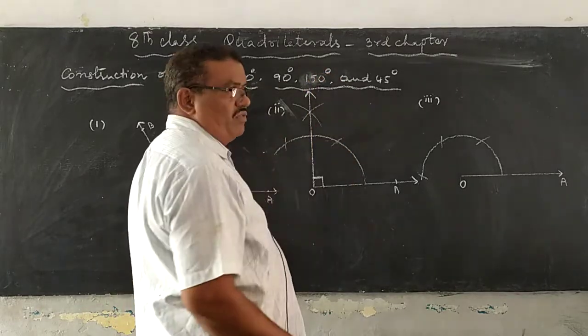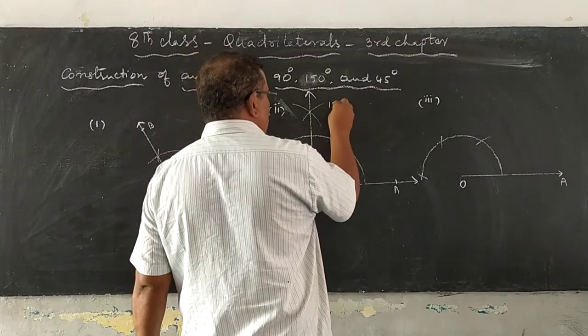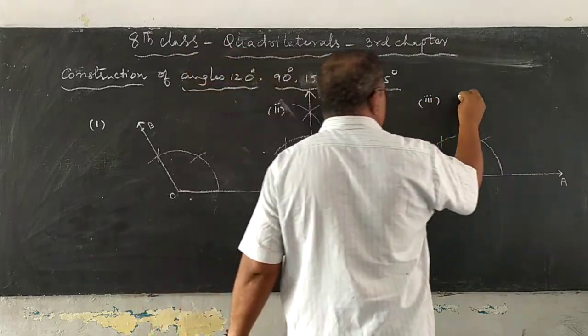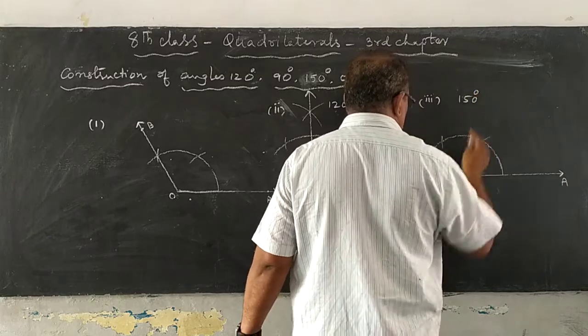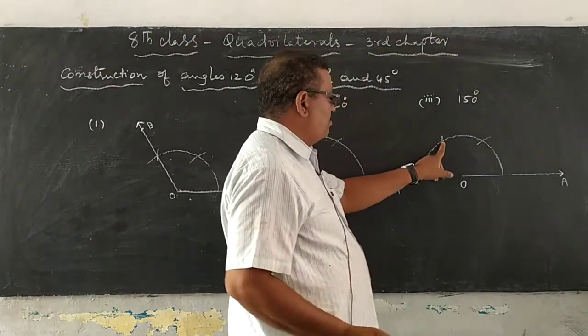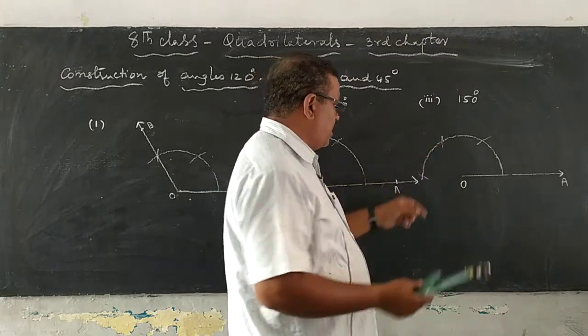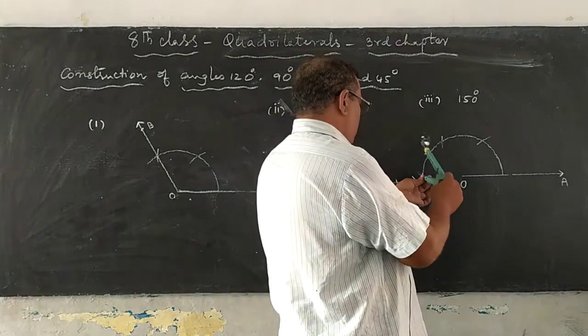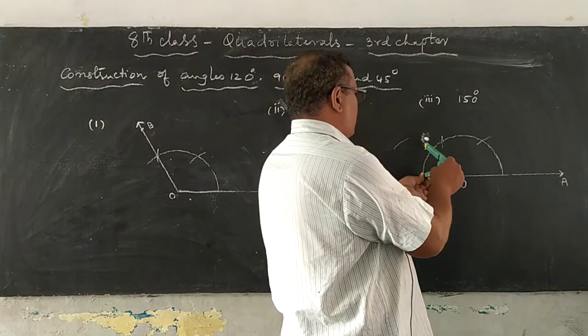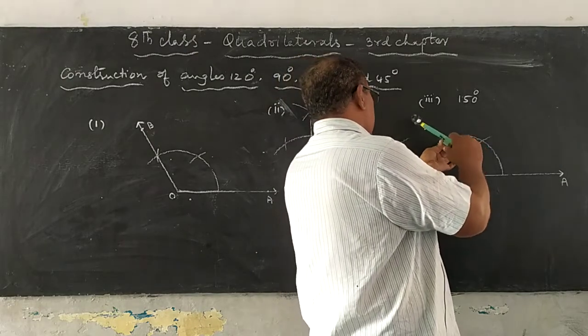Construction of angle 150 degrees. This is the construction of angle 120. This is 150 degrees. So this is 60, 120, 180. Now draw the angular bisector of this angle. From here, one arc, from here cut the same arc.